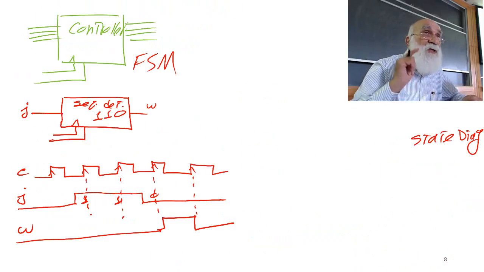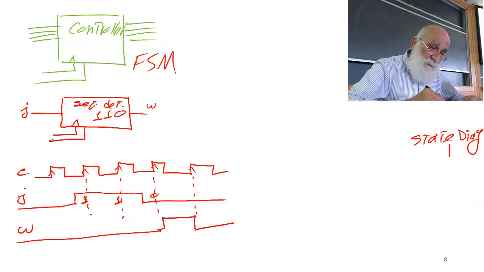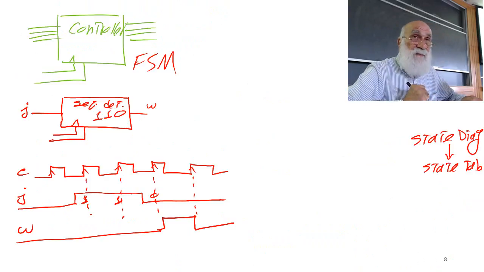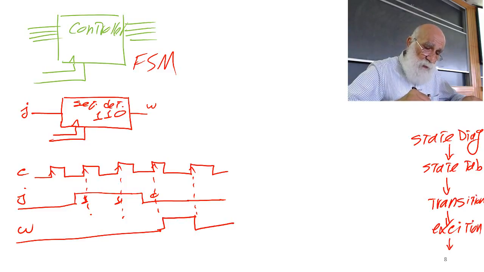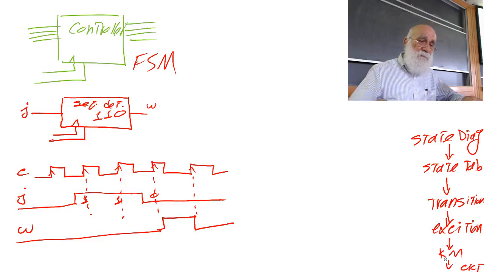So, the key thing right now is state diagram. After that, I do state tables. After that, I do transition tables. After that, I do excitation tables. After that, I do Karnaugh maps, and finally, I get the circuit.